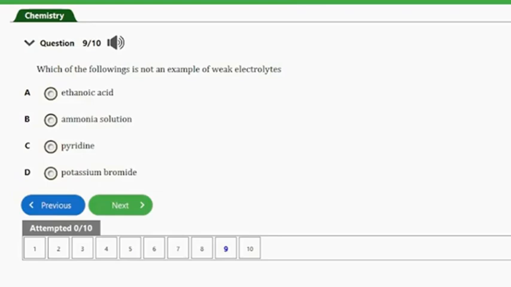Examples will include weak acids like ethanoic acid, weak bases like ammonia and pyridine, and so on. However, potassium bromide is a strong electrolyte because it completely ionizes in solution, producing a large number of ions. So that's not an example of a weak electrolyte. So that's the answer to this question, option D.